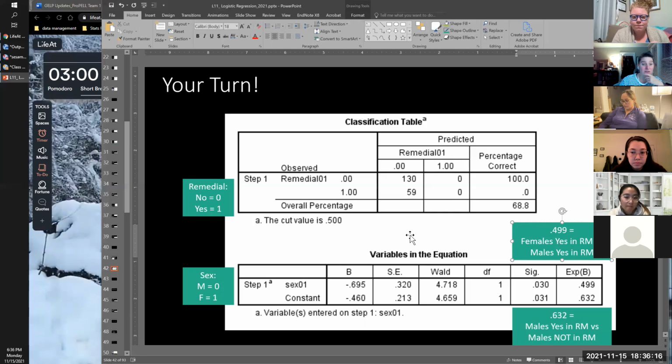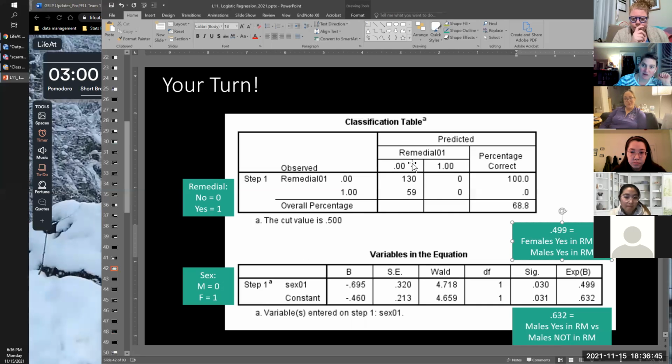So there's a lot of information there that Hannah just talked about. First of all, we got 100% correct here on the non-remedial math. That's a piece of information. But 0% who should have been in remedial math. That's also a piece of information from this table. 68.8% is another piece of information that you can explain from the table. And then the last one is that the computer, using this equation, everybody got an expected cut value below 0.5.